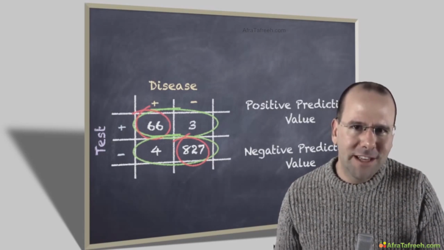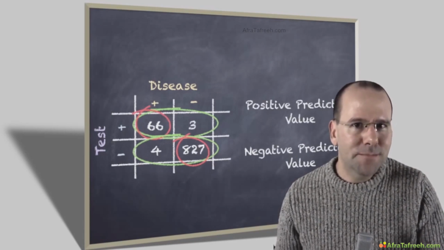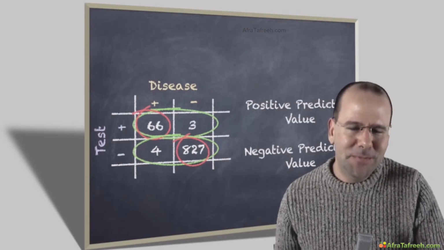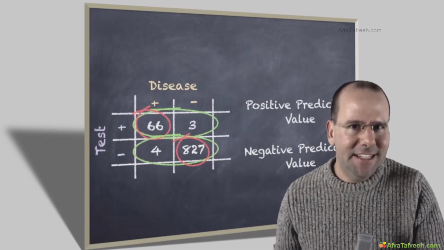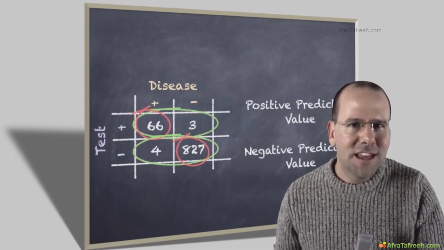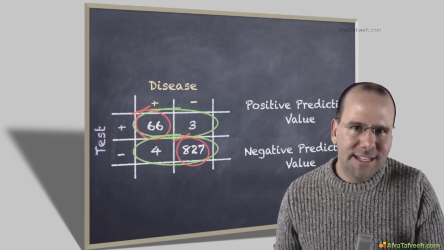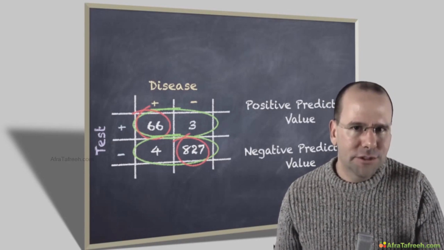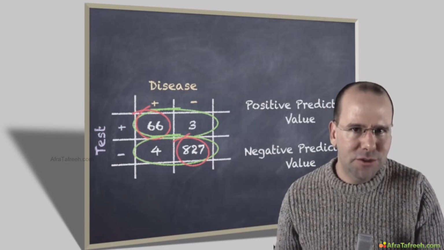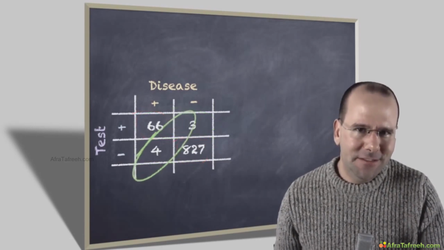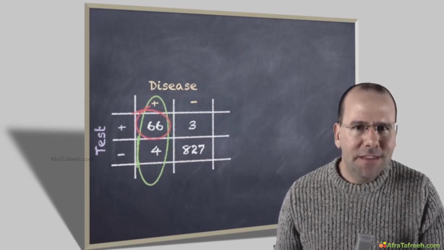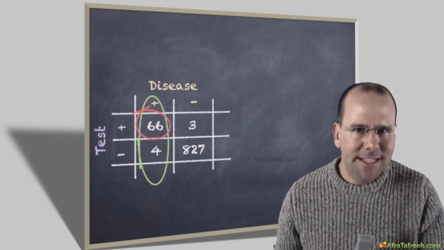The positive predictive value is the proportion of people who test positive who actually are positive. So the positive predictive value tells me if I go for a test and I test positive, what are the chances that I actually have the disease? Now, there's an important difference between sensitivity and specificity and positive and negative predictive values, and I need to explain this to you. When we look at the sensitivity test, for example, everybody in the green circle actually has the disease.